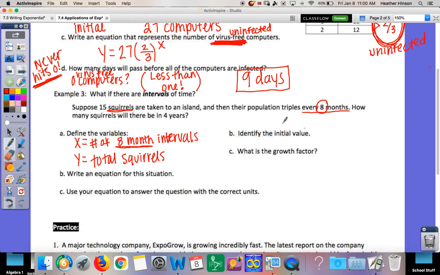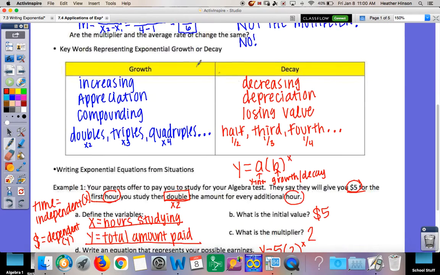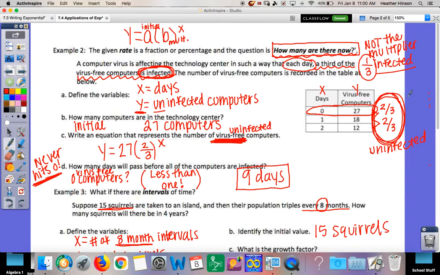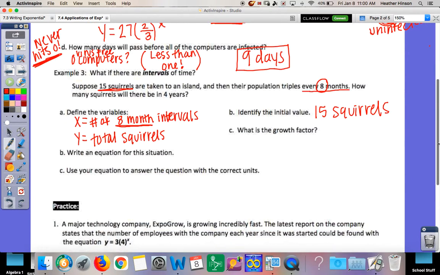Okay, so what's our initial value? How many are we starting off with? Well, we're starting off with 15 squirrels. And then what's the growth factor? Go back to our table on the front page, and which one of those words in this chart do we see in the problem? We have triples.